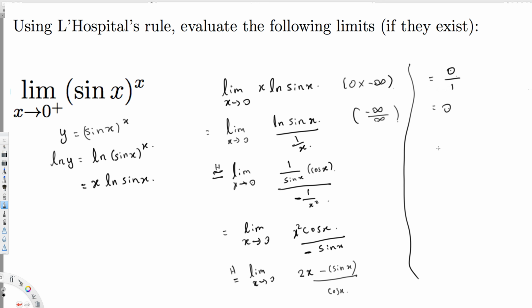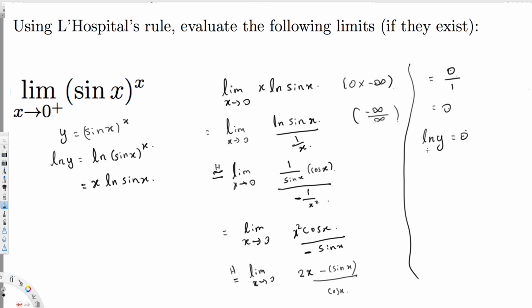But we are not done yet, because the value we got is for ln y, and the real value should be for y. If ln y is equal to 0, what is y?